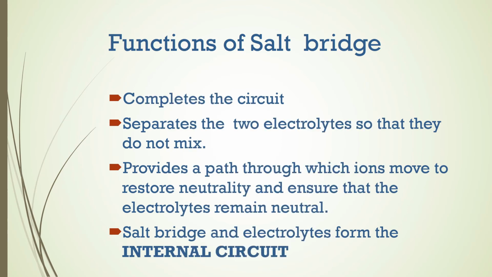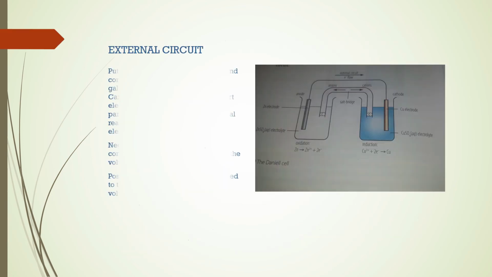The functions of the salt bridge: it completes the circuit, separates the two electrolytes so that they do not mix, and provides a path through which ions move to restore neutrality and ensure that the electrolytes remain neutral. The salt bridge and electrolytes form the internal circuit.